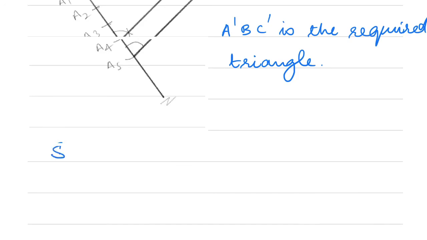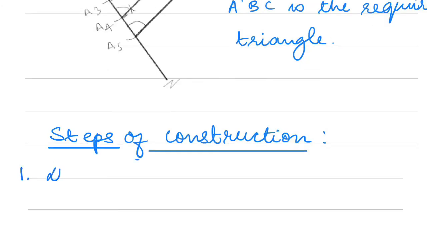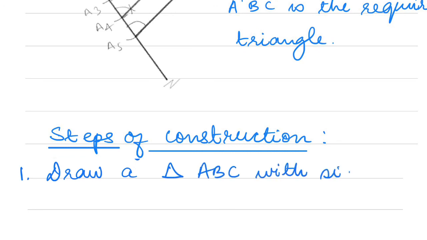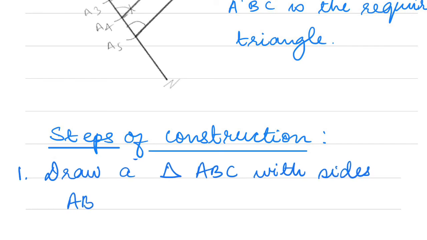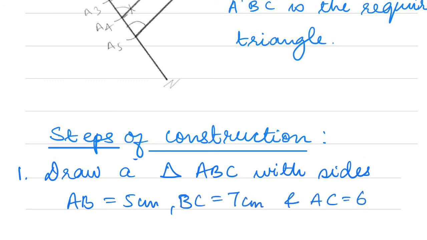Let's write down the steps of construction. First step, draw a triangle ABC with sides AB equal to 5 centimeters, BC equal to 7 centimeters, and AC equal to 6 centimeters.